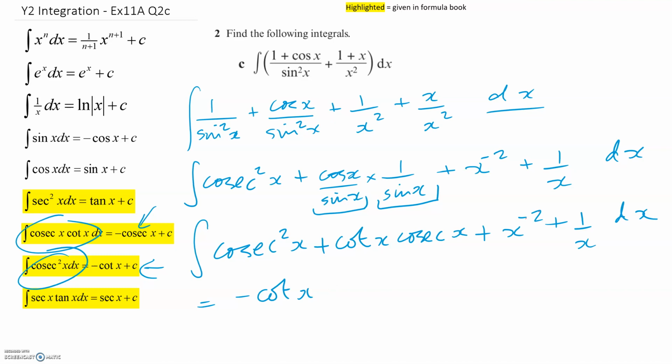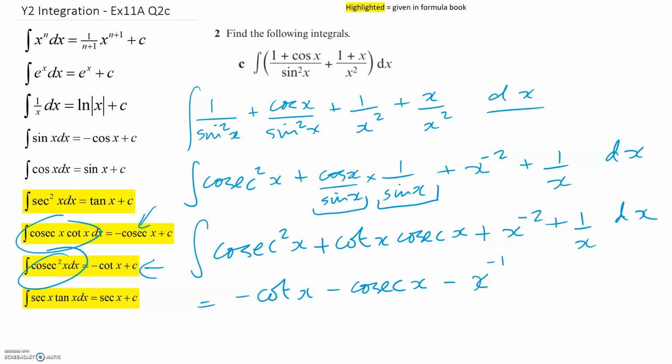I'll write it as minus cosec x here. And then when you integrate x to the minus 2, we're going to add 1 to the power, divide by the new power. So we could just make that a minus x here. So I'll just make that minus x to the minus 1.